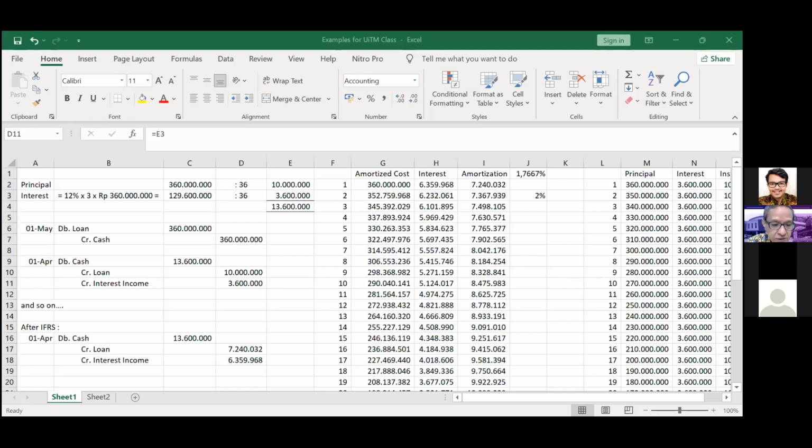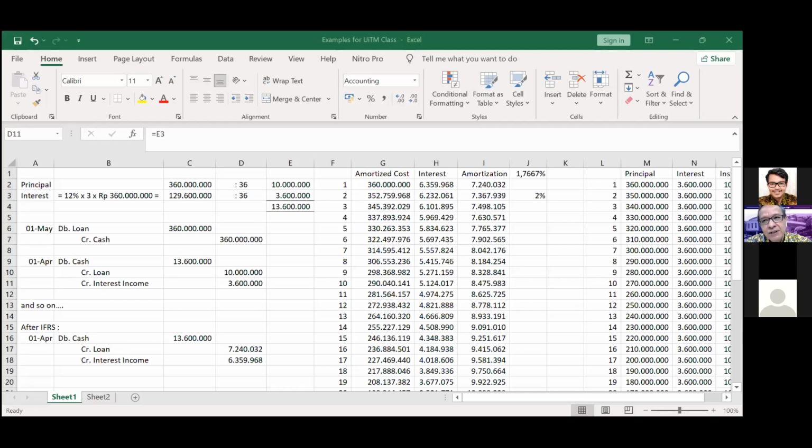But fortunately, or unfortunately, there was also the pandemic in Indonesia. So what made the profit of the bank drop is not only IFRS 9 but also the pandemic.